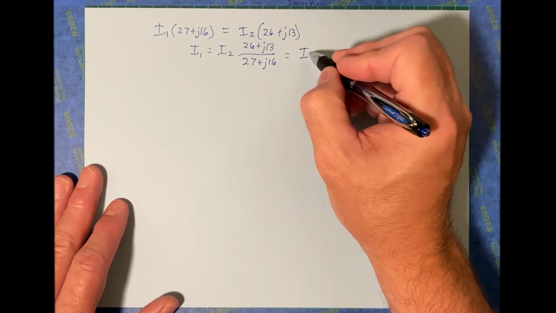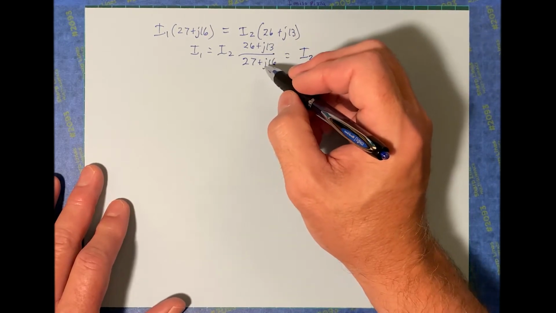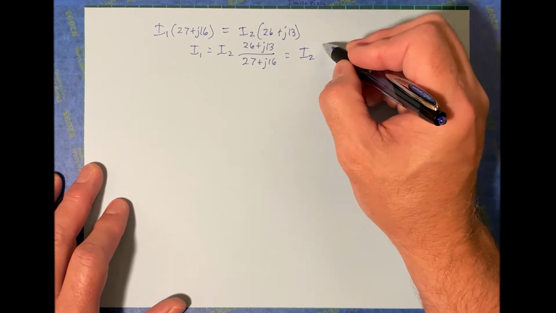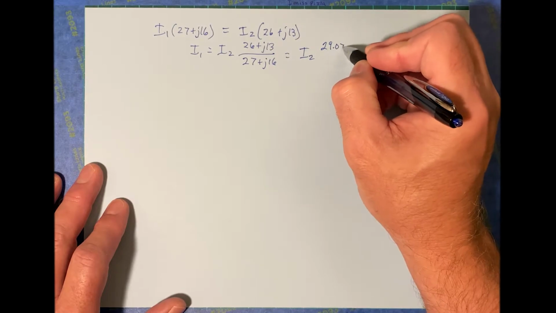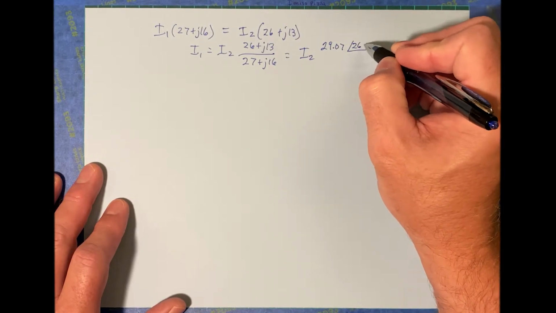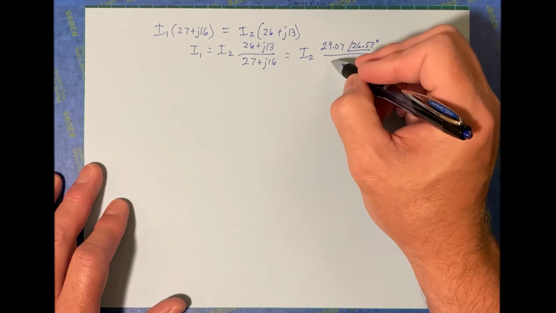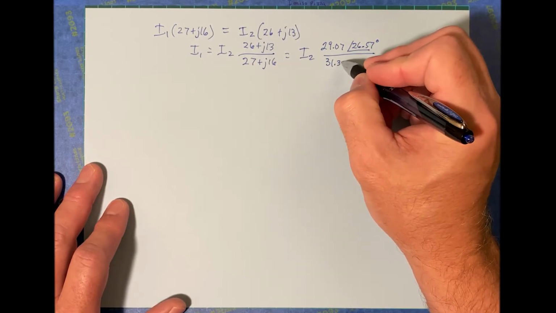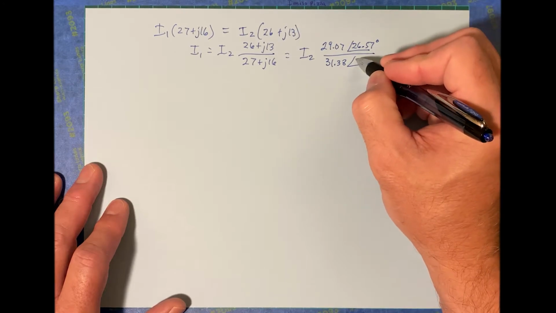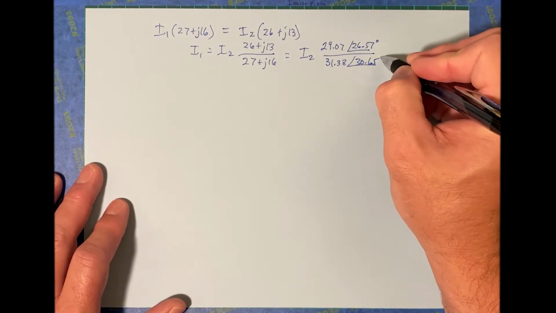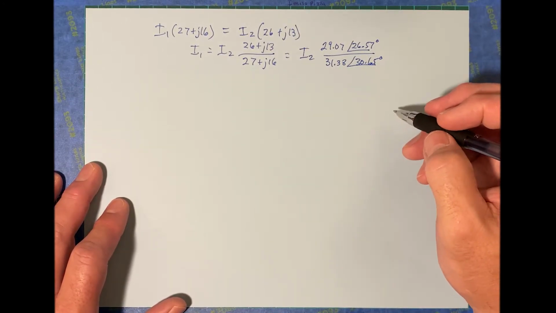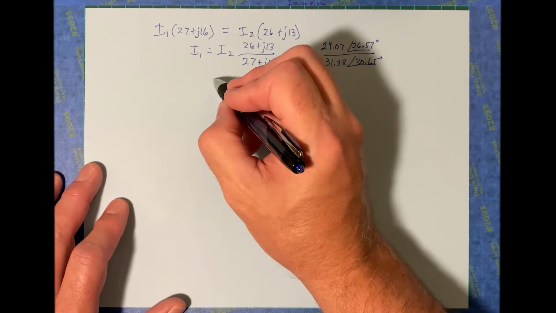Let's convert each of these into polar, and according to my notes, this is 29.07 angle 26.57 degrees divided by 31.38 angle 30.65 degrees. You should double check everything I do here.